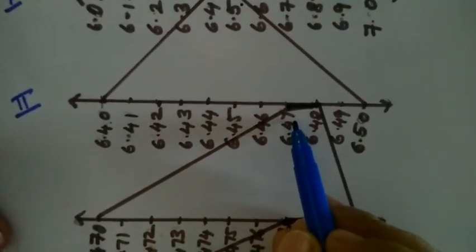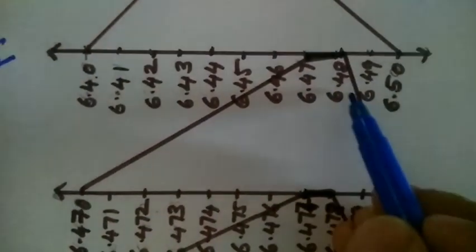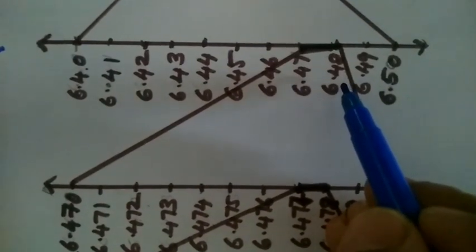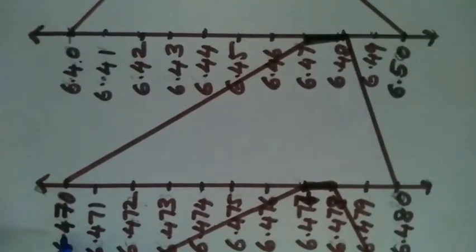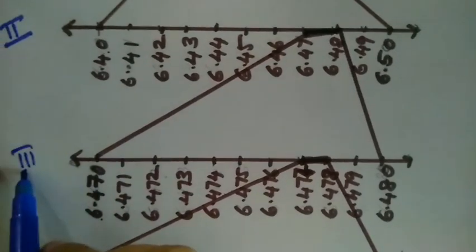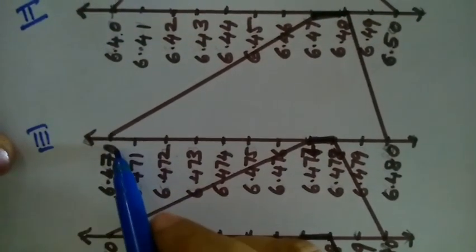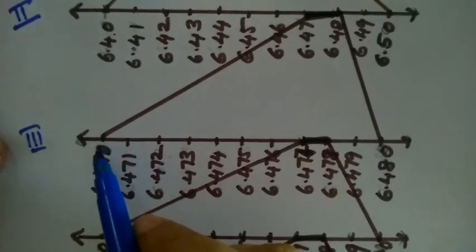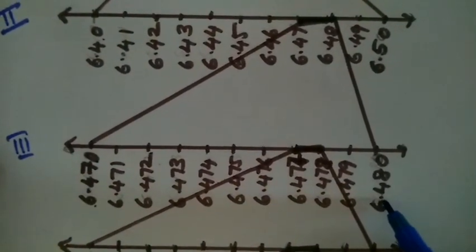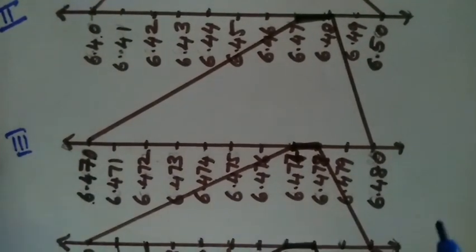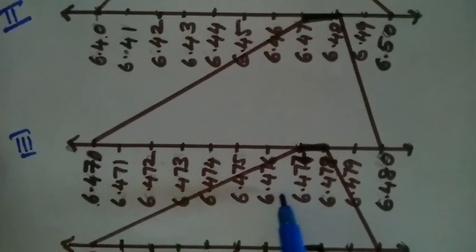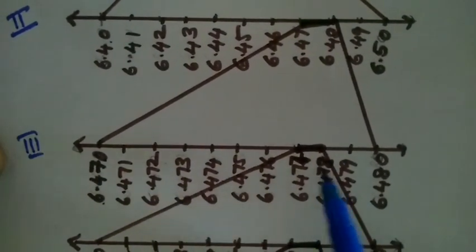Third step magnification starts at 6.47, ends with 6.48. So your third step starting number is 6.470. Third step means 3 decimals, 6.470. The end number is 6.480. So again you get 6.477, 6.478.